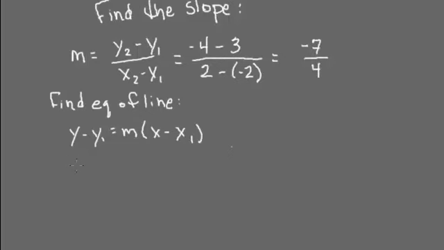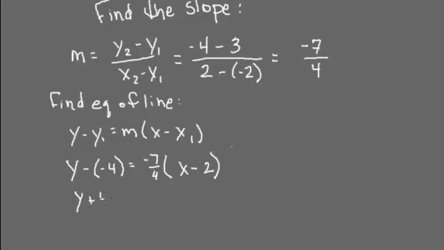So y minus, I need the y value from my point. That's what this y1 represents. So y minus a negative 4 equals m, negative 7 over 4, times x minus, now I need the x value from the point I chose, that's a 2, and then I just simplify this.